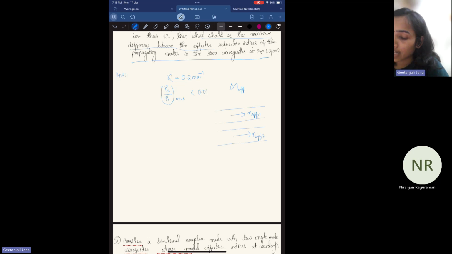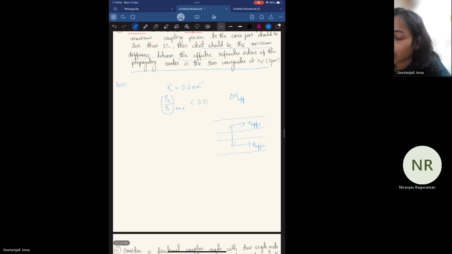Then the question is asking about the minimum difference between these refractive indices for the propagating mode at wavelength lambda 0 is 1.3 micrometer, such that P2 by P0 is less than 0.01. So how can you relate delta N now?